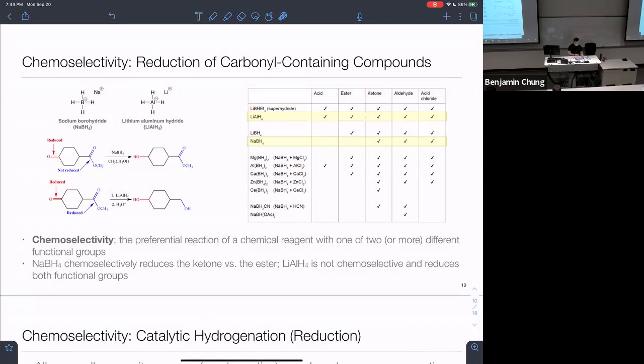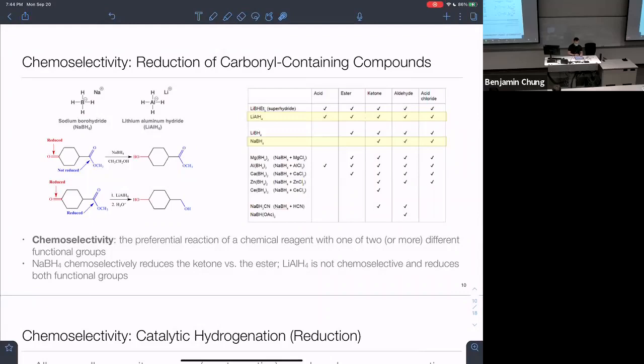And here you can see, apart from just sodium borohydride and lithium aluminum hydride, there's also a whole bunch of other borohydrides that have varying degrees of selectivity. Ketones and aldehydes tend to be the most reactive, but acids tend to be the least reactive, and you can tailor the reactivity that you want just by changing the borohydride that you use.